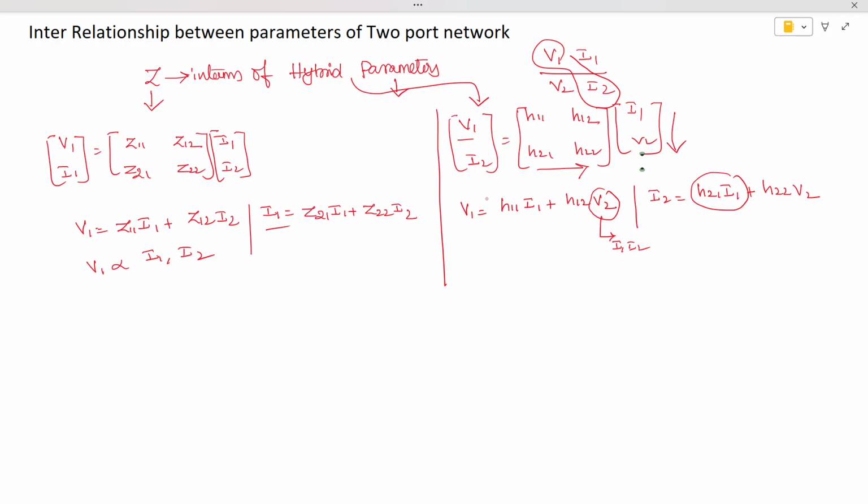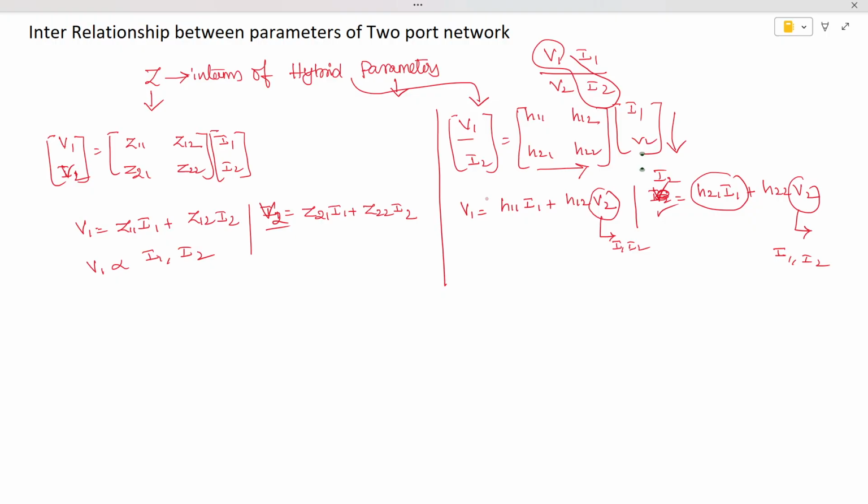I1 and I2 are already there, and this V2 we want to express in terms of I1 and I2.